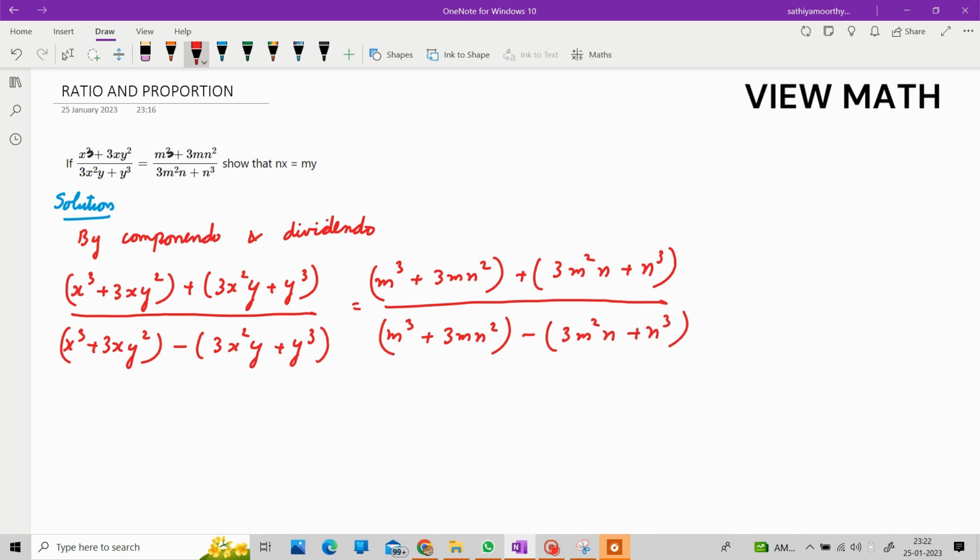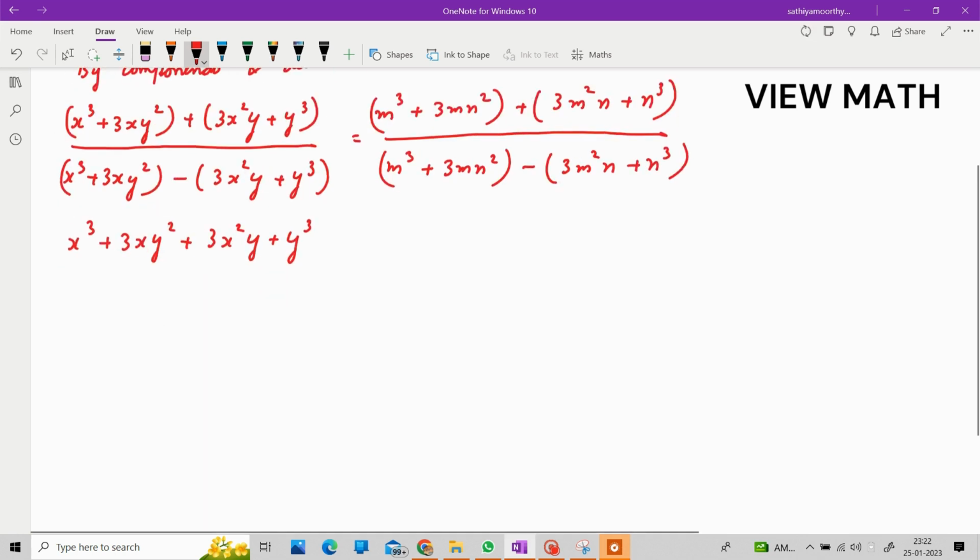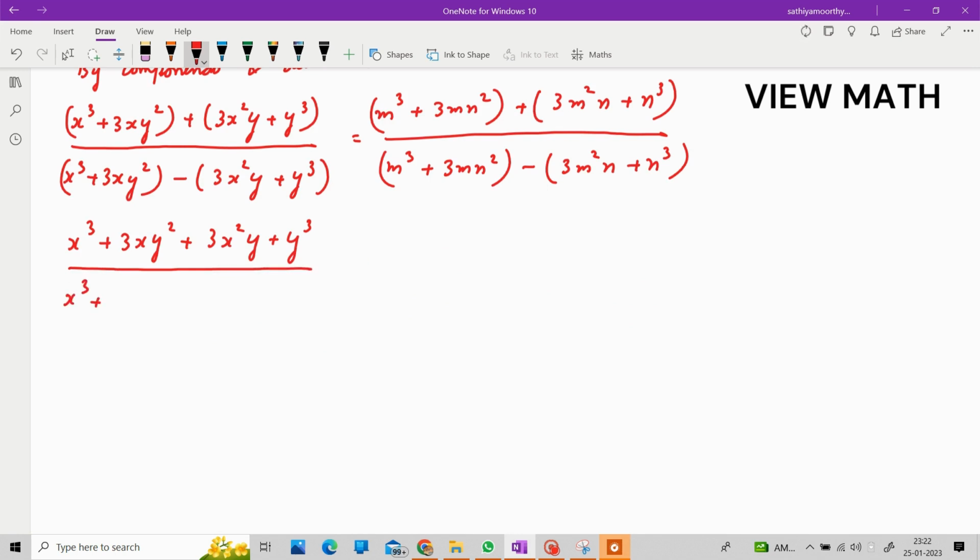Now let me simplify this. Let me remove the brackets. x cube plus 3xy square plus 3x square y plus y cube divided by x cube plus 3xy square minus 3x square y minus y cube.